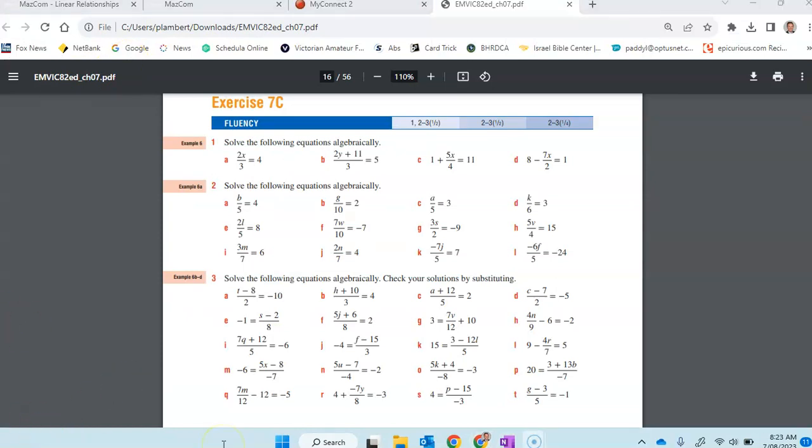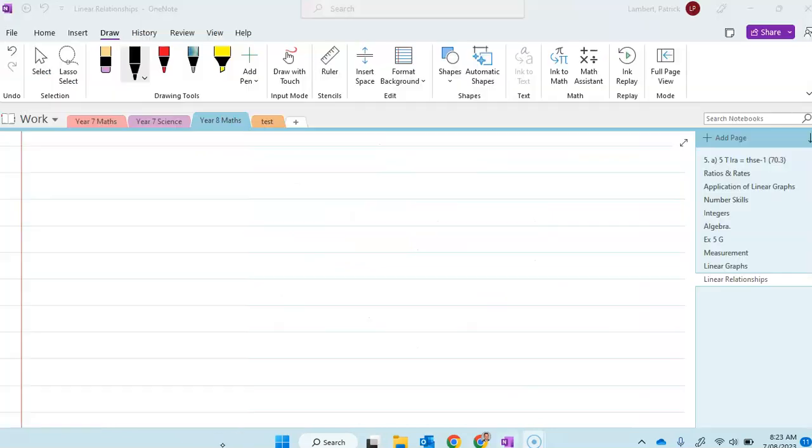Let's have a look at question 3. t minus 8 over 2 equals negative 10. So t minus 8 all over 2 equals negative 10. We'll multiply both sides by 2.